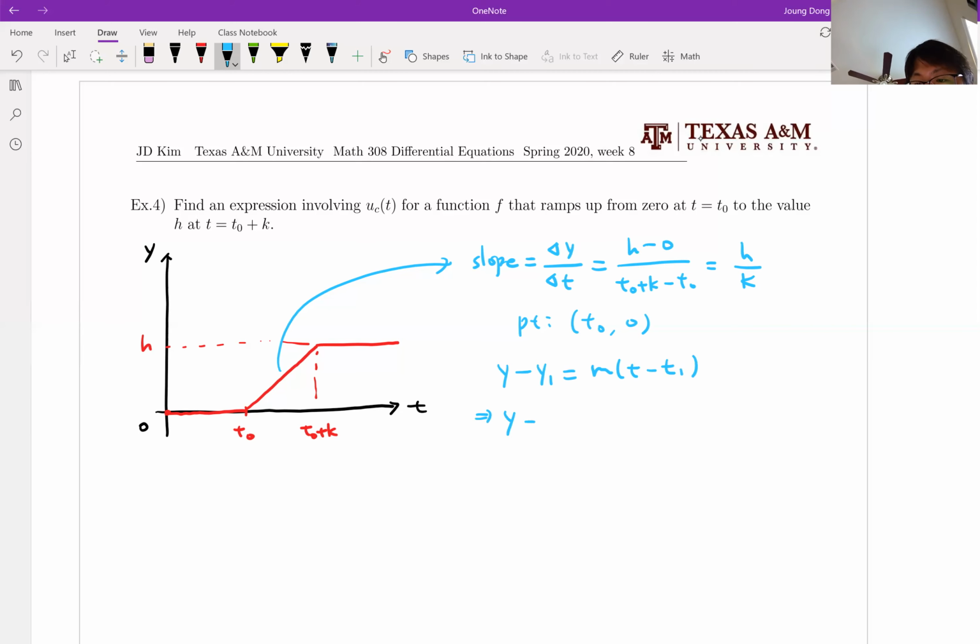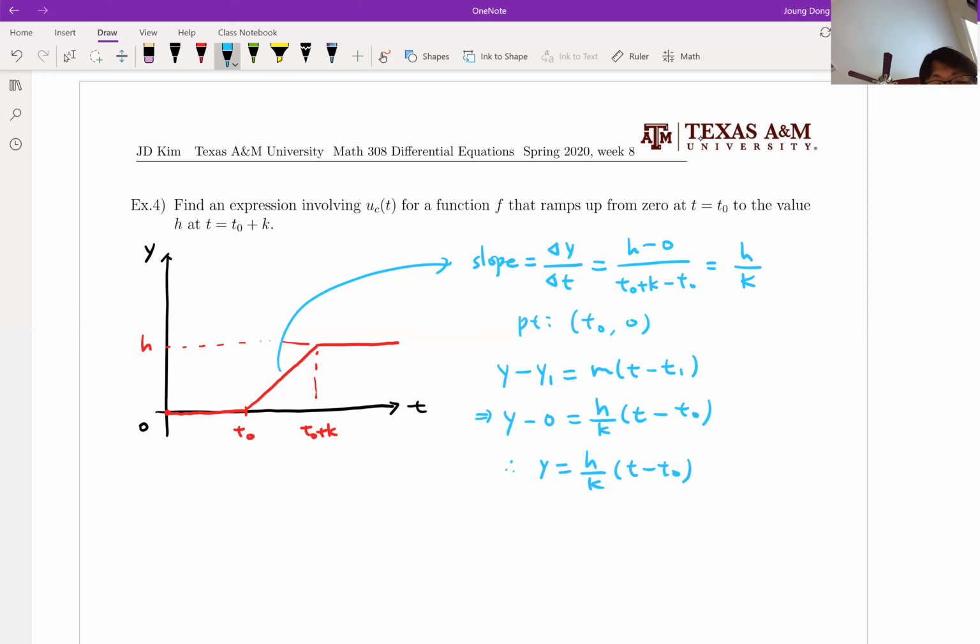So y minus y1, which is 0, equals m, which we found is h over k, times t minus t1, which is t0. Then my linear equation is y equals h over k t minus h over k t0. Or it might be better to keep the form y equals h over k times t minus t0.